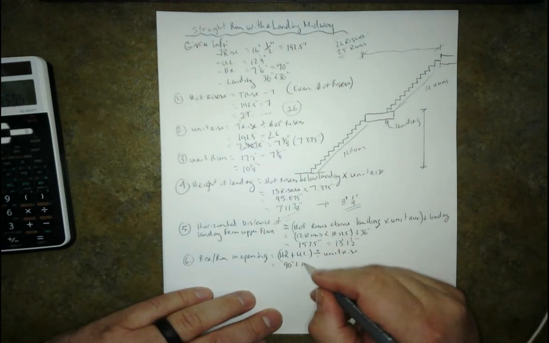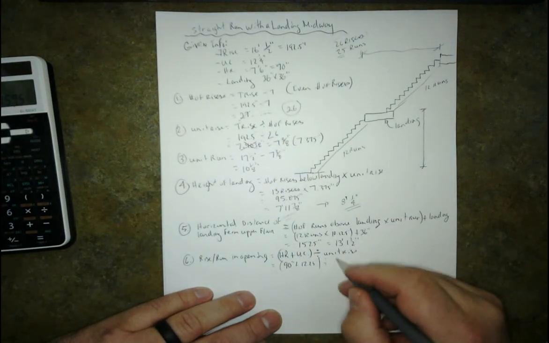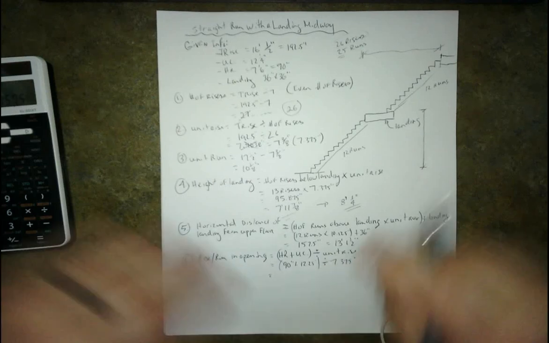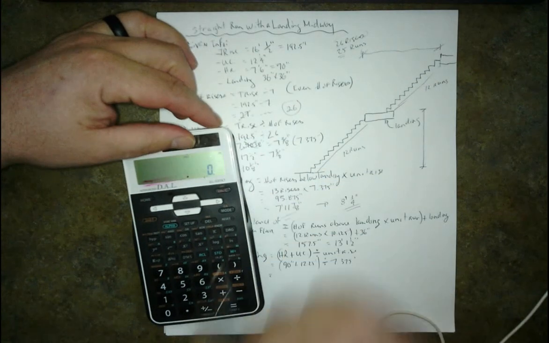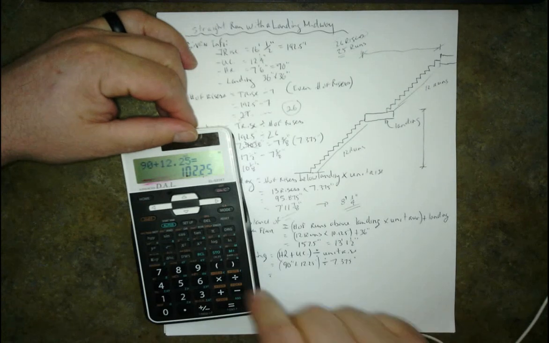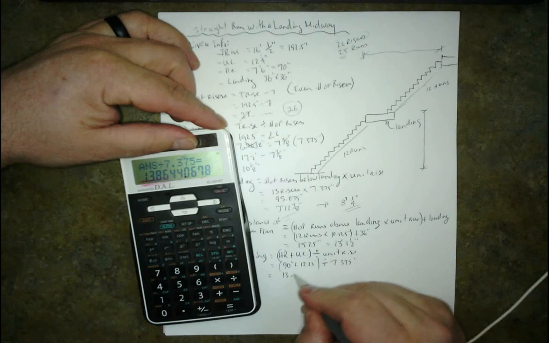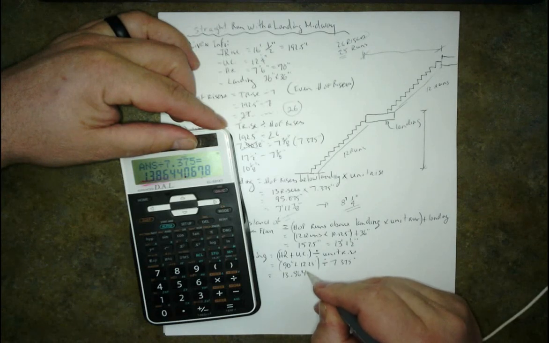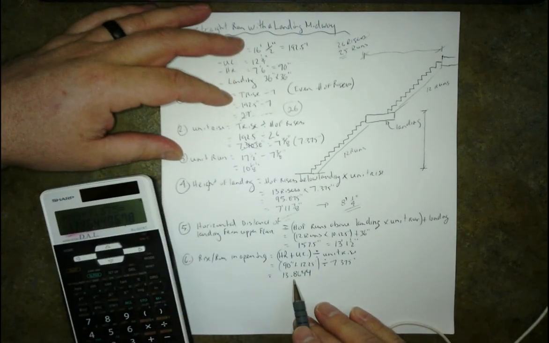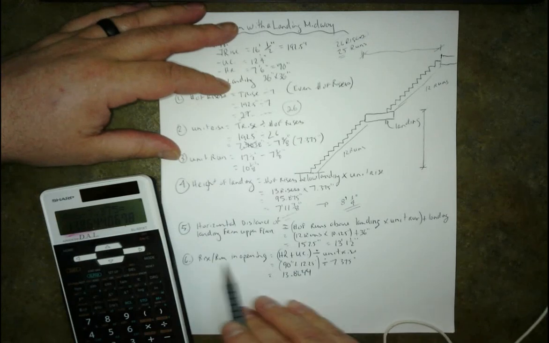Upper construction is 12.25, and we're dividing that by our unit rise, which is 7.375. So 90 plus 12.25 divided by 7.375 gives us 13.8644. I think we're going to 4 decimal places, right? Rounding to 4 decimal places. So I have 13.8644 rises in the opening, which means I also have 13.8644 runs in the opening.